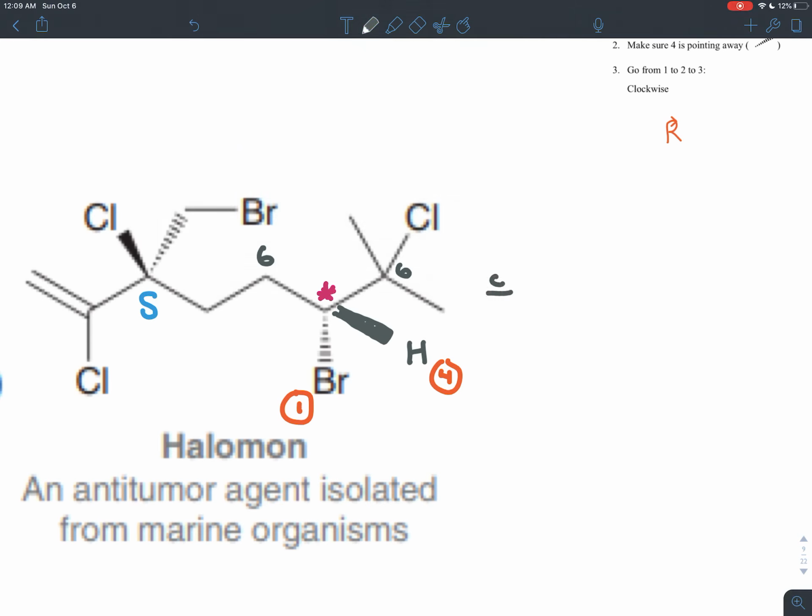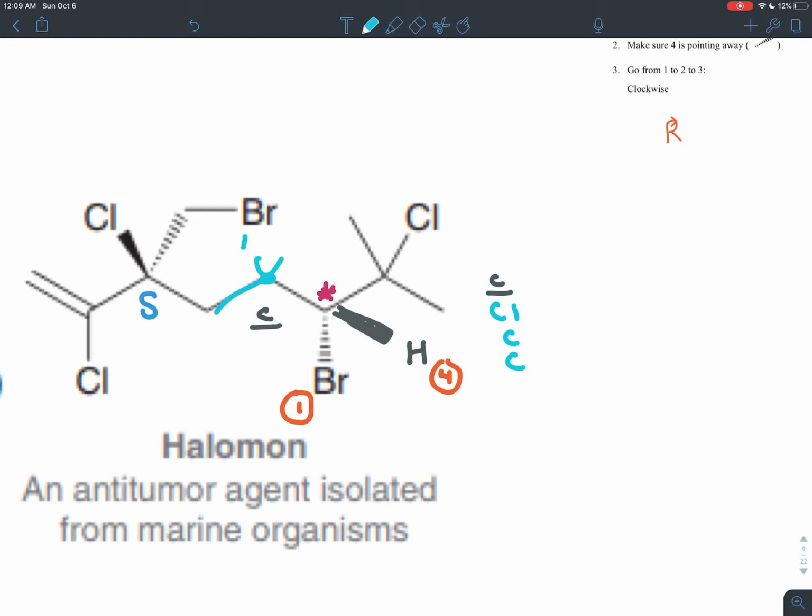Now, whenever atoms tie, make a table. We're going to look at what three things these carbons are bonded to going away from the chiral center. So this carbon on the left is bonded to a chlorine, a carbon, and a carbon. And I put those in order of descending atomic number. So chlorine comes on the top because it has an atomic number of 17, while the carbons only have an atomic number of 6.